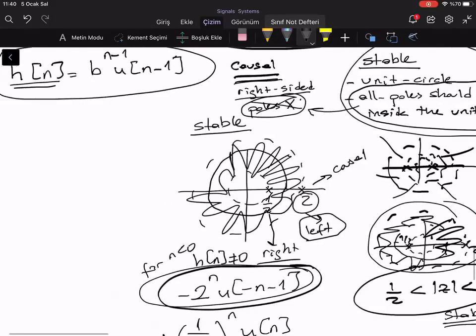So if I have something like that, for example, one of them is 1 over 2, the other one is 1 over 3, and if I have this function, and if I have all the poles inside the unit circle, and if one of them is, yanlış çizdim, if one of them is left-sided, is this system causal?